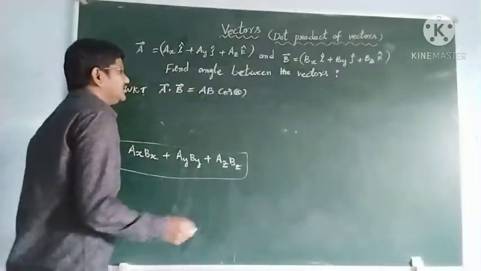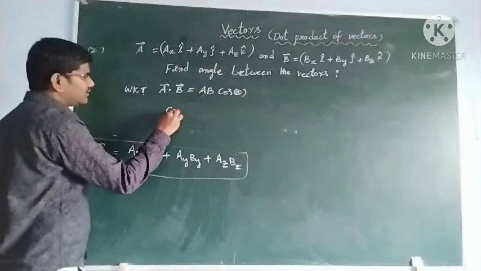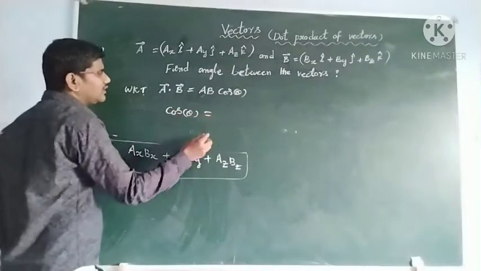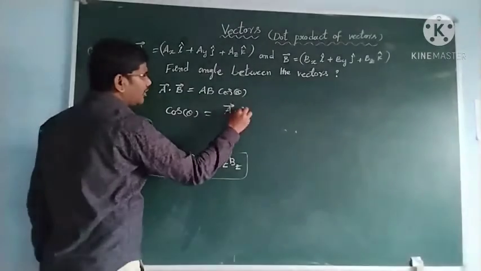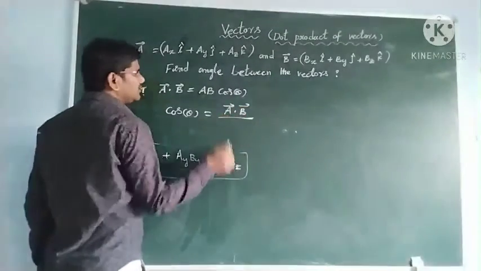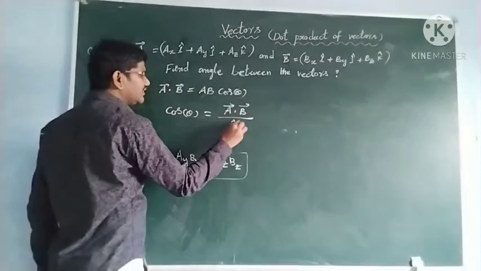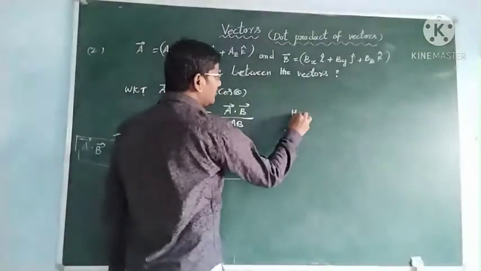Here theta is the angle between the vectors, so we are taking cos theta. Making cos theta the subject, cos theta is equal to a bar dot b bar by ab, sending ab to the denominator.